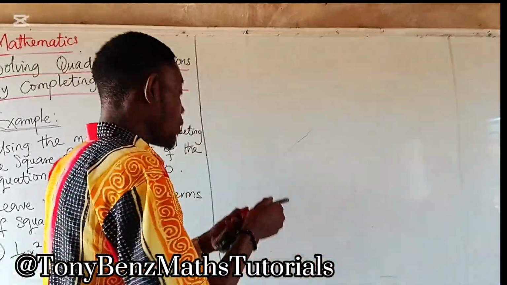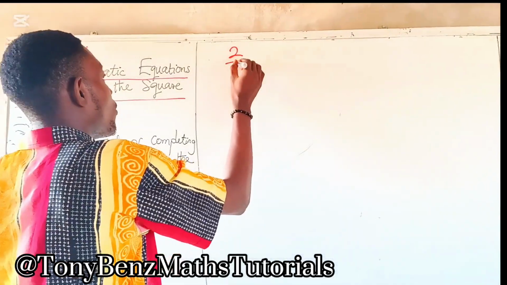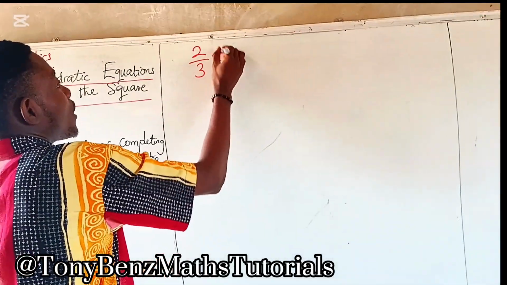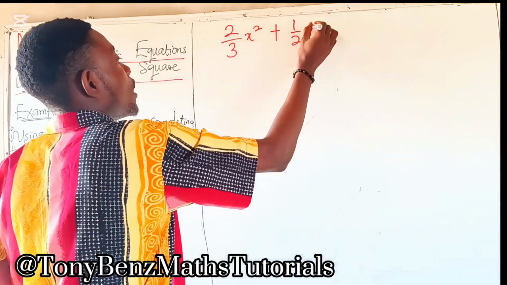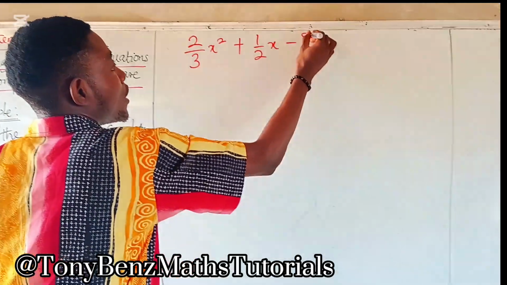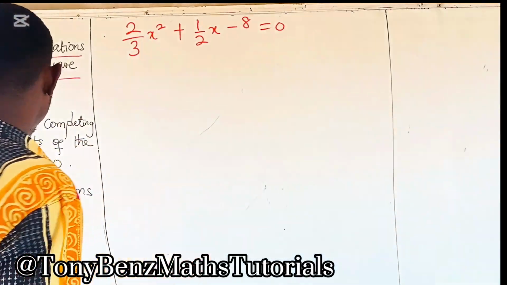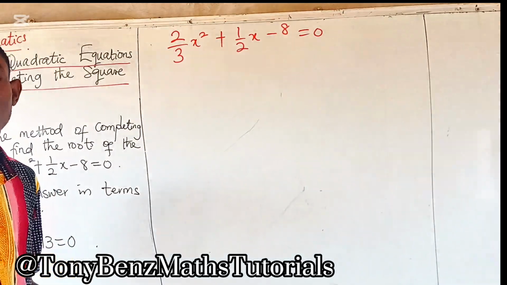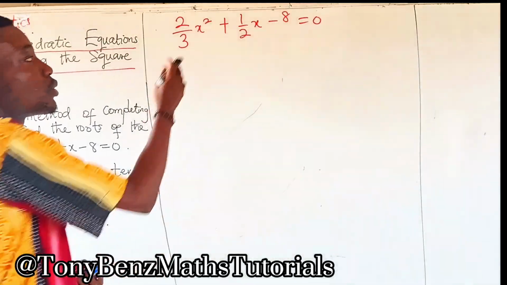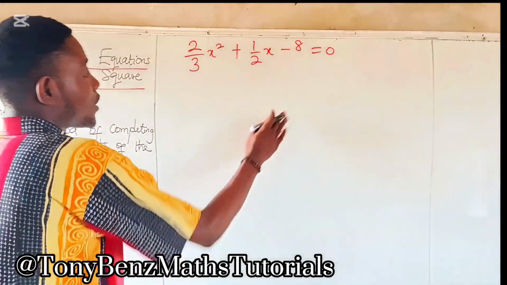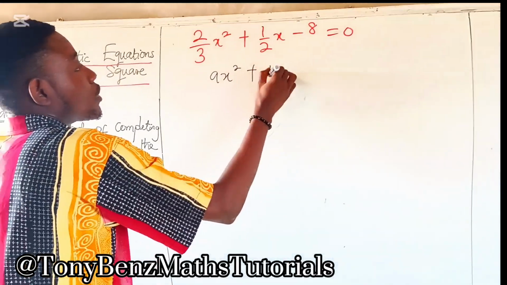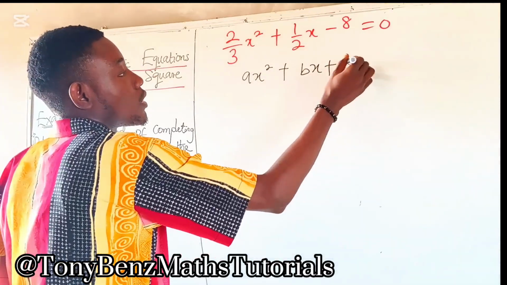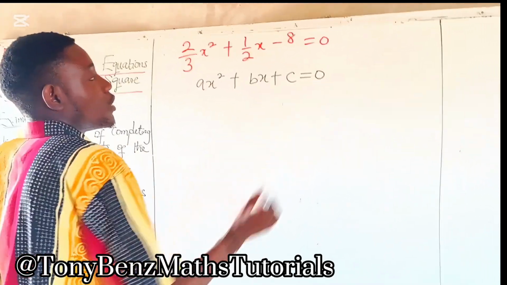We have 2 over 3 x squared plus 1 over 2 x minus 8 is equal to 0. My brothers and my sisters, let us make this look like a quadratic equation, which is ax squared plus bx plus c equals 0.